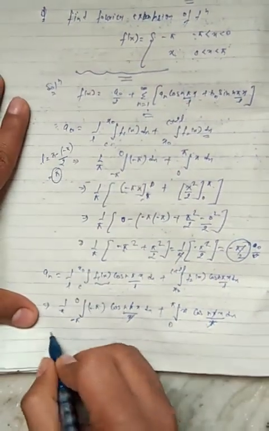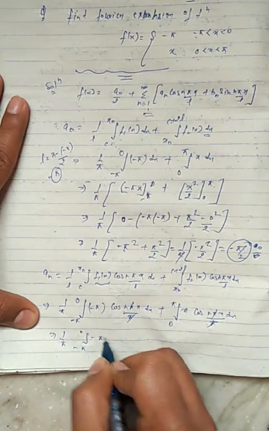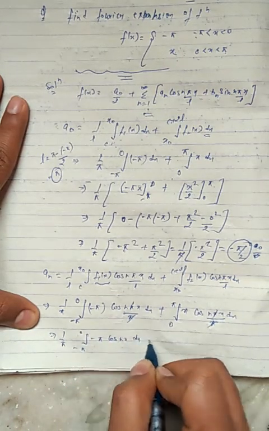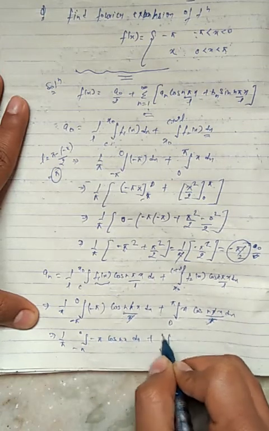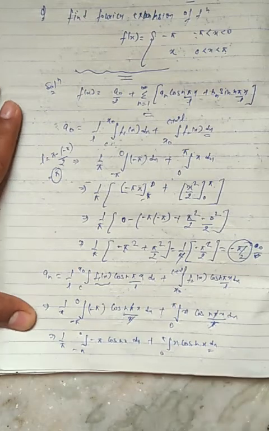Now the function became 1 upon pi integration of minus pi to 0 minus pi cos of nx dx plus 0 to pi x cos of nx dx.